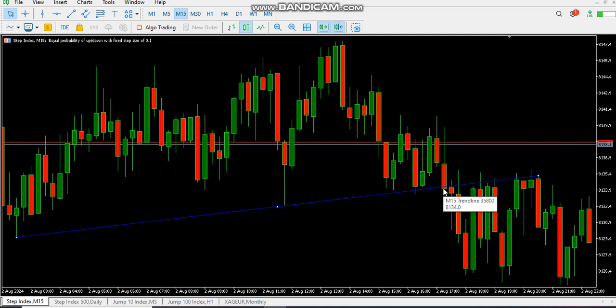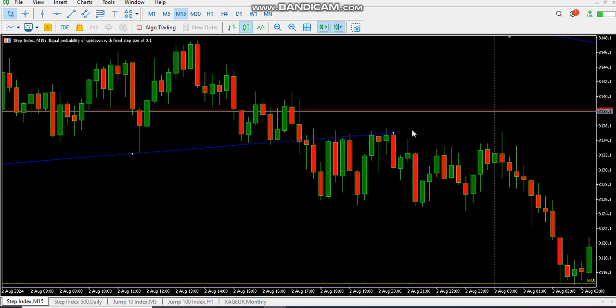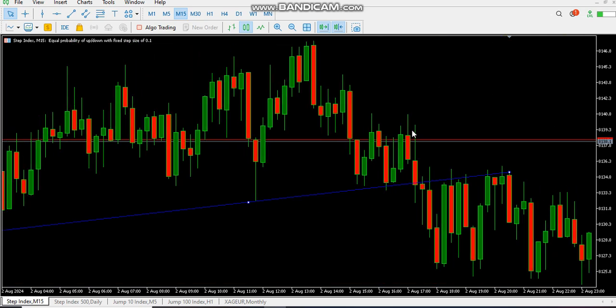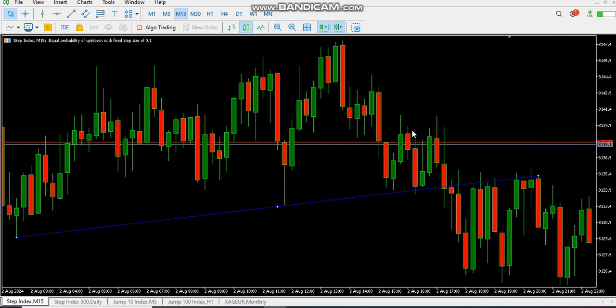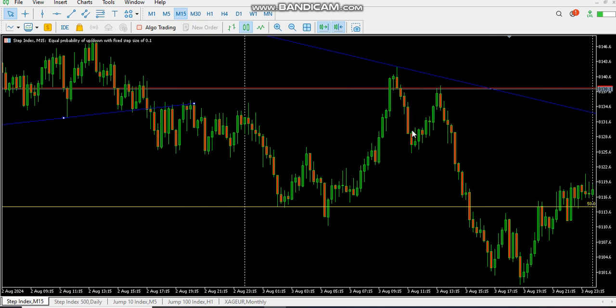So these are the things that you should focus on. Whenever it closes with a wick, you shouldn't enter yet. But once it closes with a body below it, you should enter the trade and sell the market for a bearish market. So these are the tips that you need when trading the market.